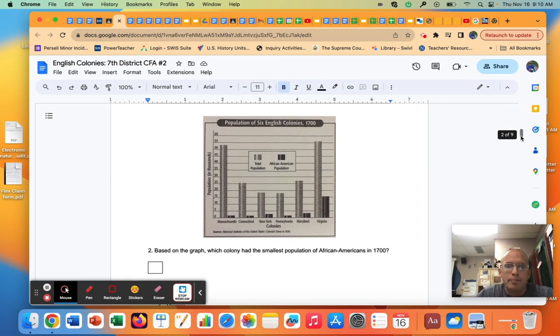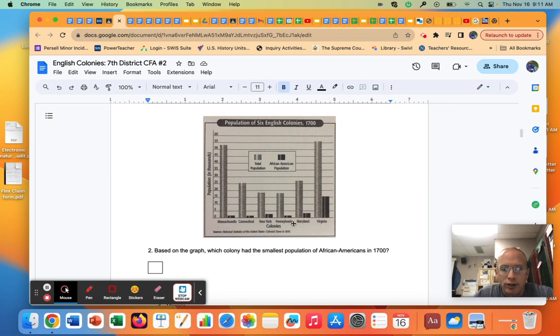Second one is a population of the 6 English colonies. All right, you got to look at this double bar graph here. It says based on the graph, which colony had the smallest population of African Americans in the 1700s? So you got the gray area is the total population. You have this area dark and black represents African Americans.